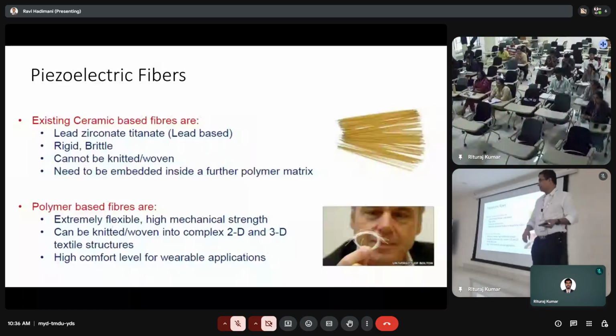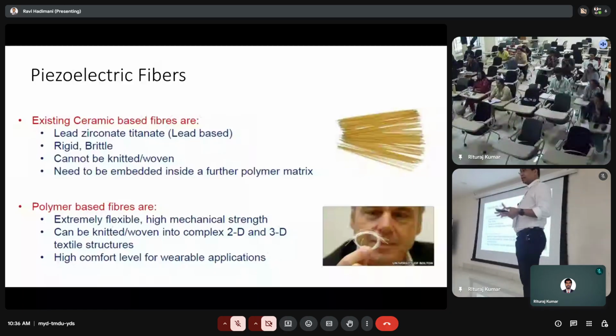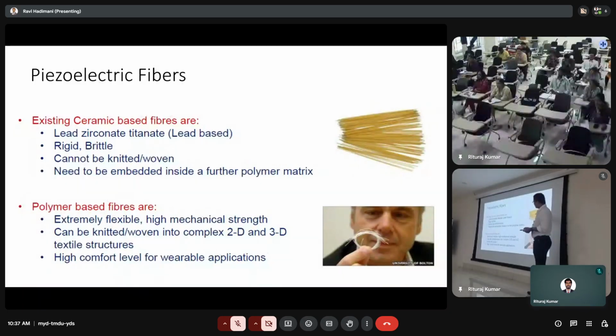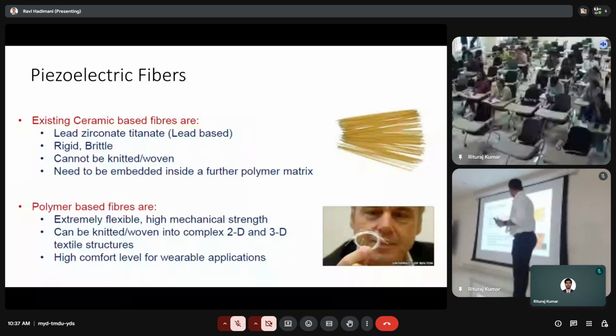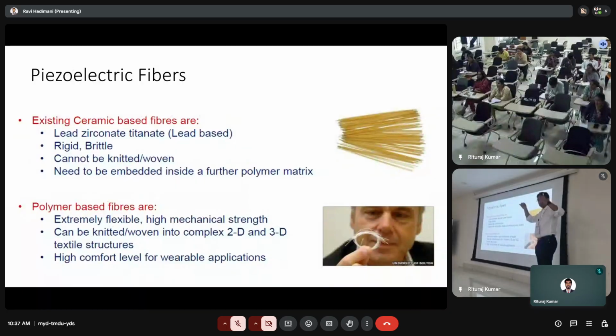Without doing anything, it got so many citations. But anyway, my goal was to make piezoelectric PVDF fibers. They did not exist before. When I started this project, the fibers that existed were ceramic PZT fibers, and they were like noodles, not cooked noodles but spaghetti: if you bend a little, it'll break.